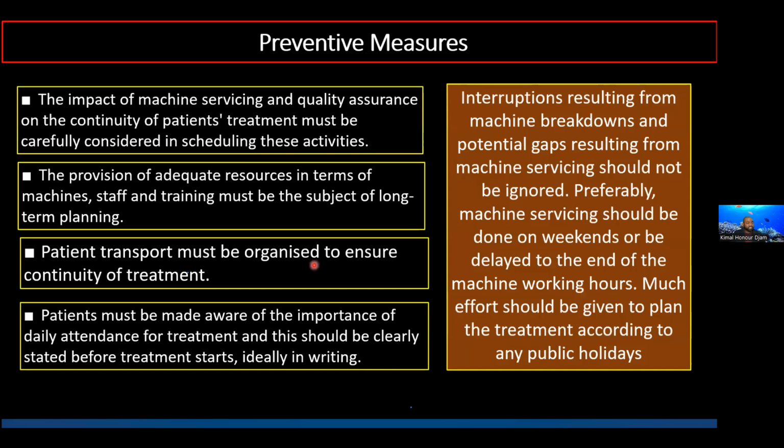Now, for the preventative measures that could be taken, we have to think about this in terms of the causes or the various categories of the unplanned gaps that occur during radiation therapy.